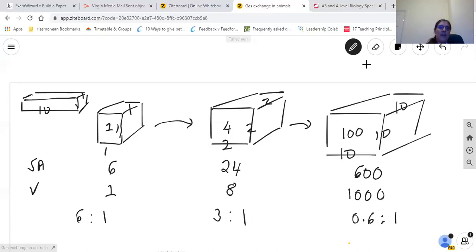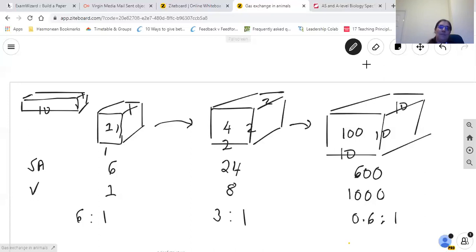This organism over here, it's got 6 times the surface area to its volume, so therefore it can absorb its requirements across its surface. But once you get to an organism this size, it has a particular problem because it now cannot take across its surface the amount of oxygen it requires for all its volume of cells.